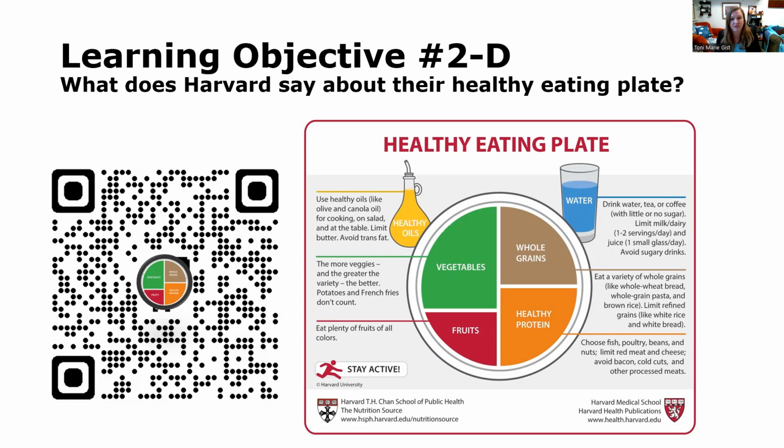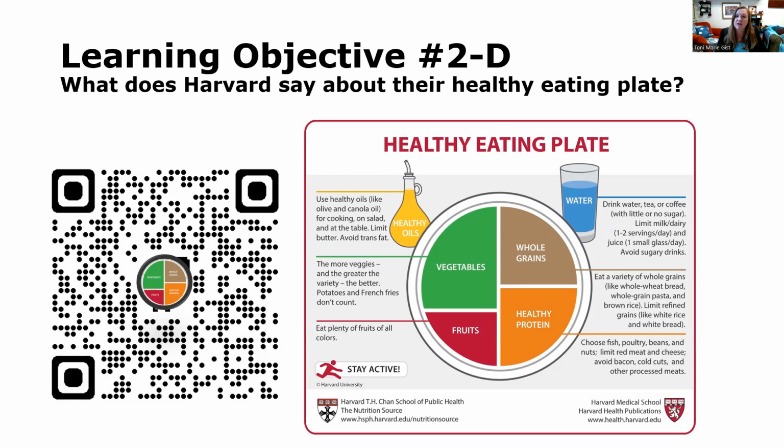Then we have healthy protein like fish, poultry, beans, which are also going to make up a significant amount of the plate. The fruits are a lot smaller than you would see on other guides such as MyPlate. And then we have our whole grains. Additionally, the Harvard healthy eating plate doesn't necessarily include a dairy product. And as we go on in the semester, we'll discuss why that is.